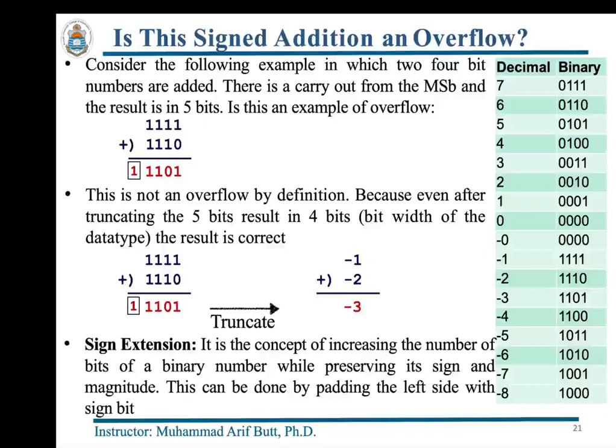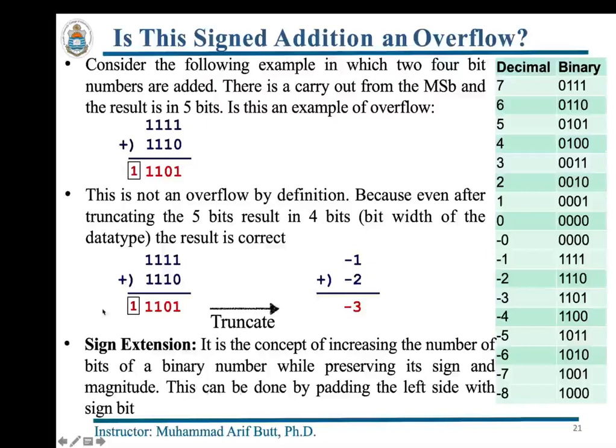Well, before I give you the answer to this question, remember, dear students, there is a concept of sign extension. By sign extension, I mean increasing the number of bits of a binary number while preserving its sign and magnitude. This can be done by padding the left side with sign bits.